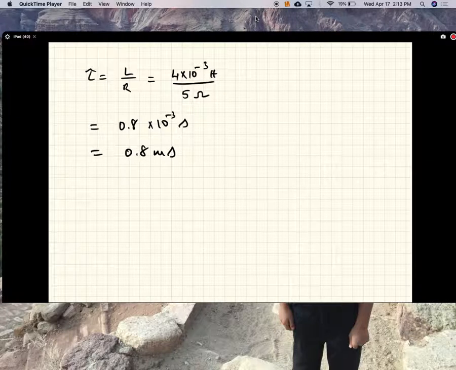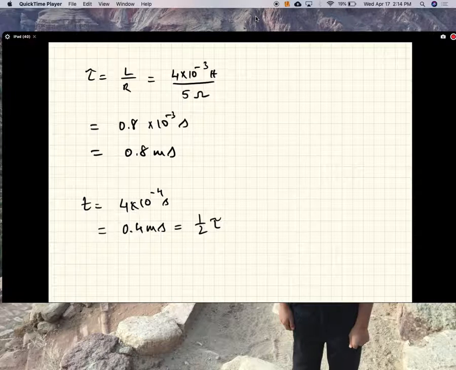And what we are trying to find is I at t, the current at 4 times 10 to the minus 4 seconds, which is 0.4 milliseconds, which is half a time constant. The time constant for the circuit is 0.8 milliseconds.